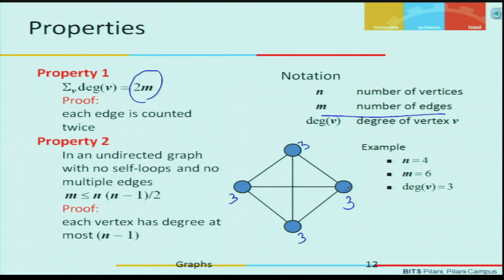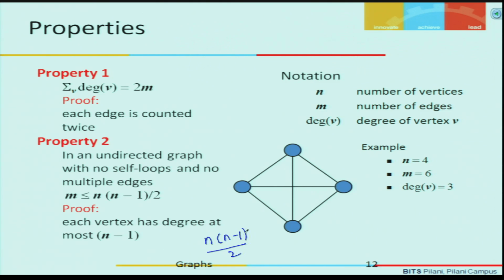This also means that the maximum number of edges in an undirected graph without self loops and multiple edges is n into n minus 1 by 2. So, each vertex has degree at most n minus 1 and there are n such vertices. So, you will have n into n minus 1 by 2.